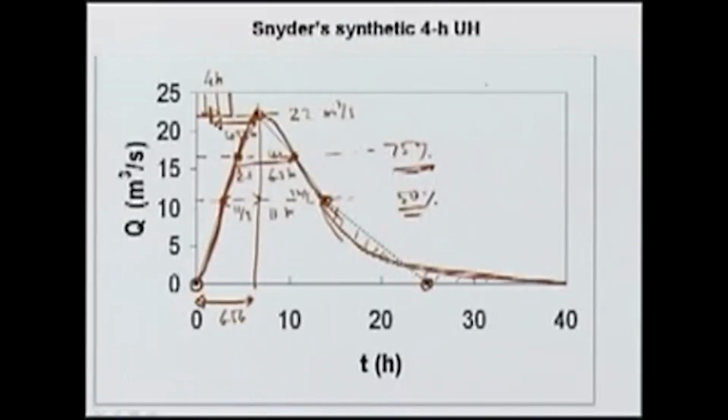But sometimes the rainfall which occurs may not have a uniform intensity. The intensity may be varying quite a bit. For example, we may have, let us say, a rainfall which has intensity like this. In this case, making the assumption of a constant intensity over finite intervals may be valid, but it may not be very accurate.